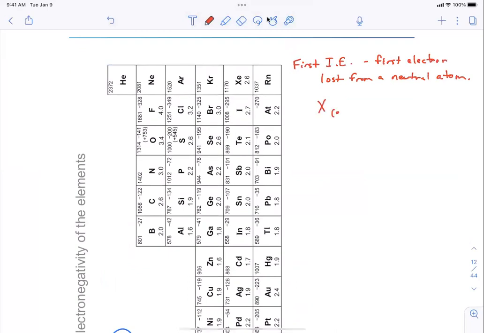So it's some gaseous species losing an electron, becoming positively charged, and producing an electron from its atom. So it's the energy it takes to remove an electron from a neutral atom in gaseous state. Everything's in gaseous state because that way you don't have some of the energy going into changing states of matter. It's all dedicated to ionizing that atom.